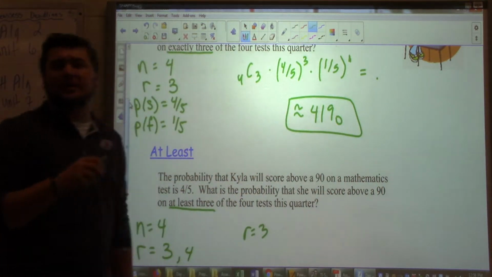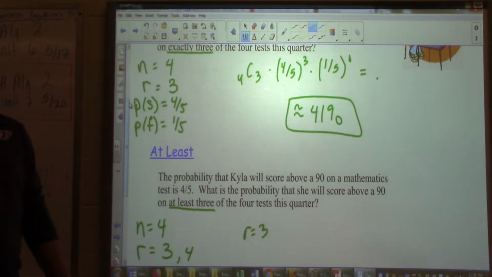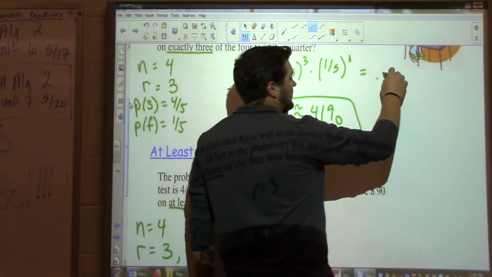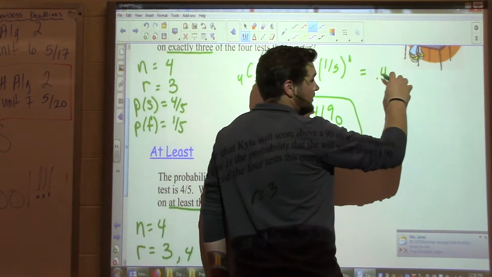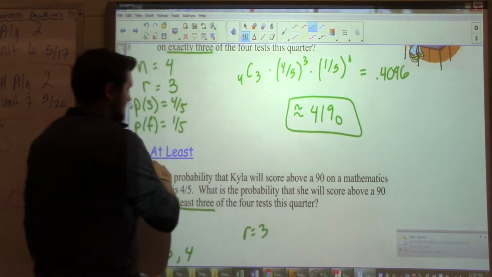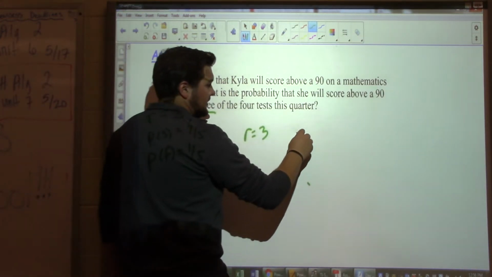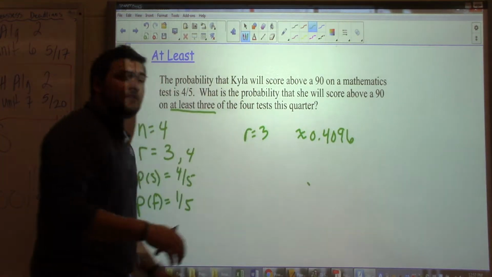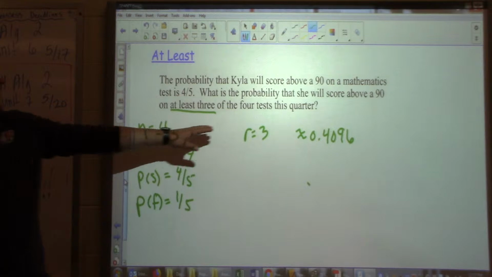What was the decimal for that problem? To 4 decimal places. 0.4096. Okay, so r equals 3 is approximately 0.4096. I already did that part in the problem before.